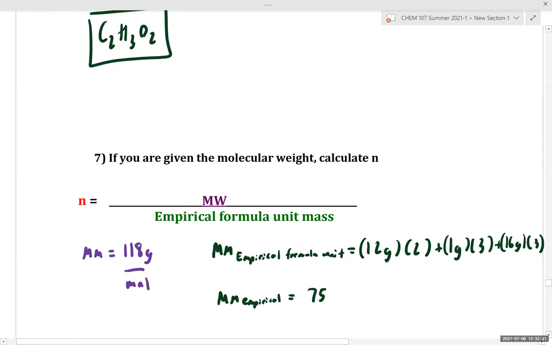Yeah, there we go. Perfect. So we have 12 times 2 plus 3 plus 32. That gives us an empirical mass of 59 gram per mole.